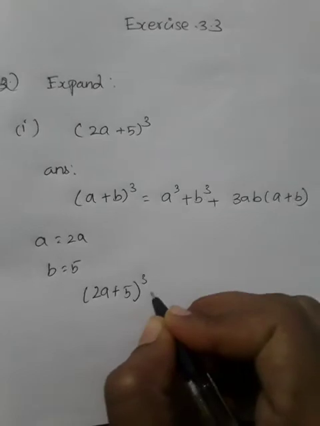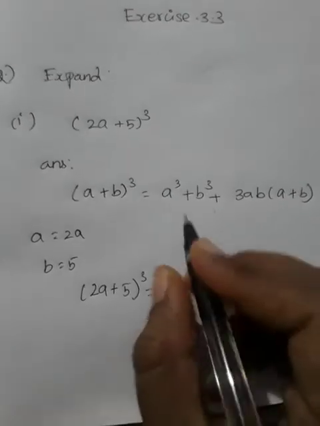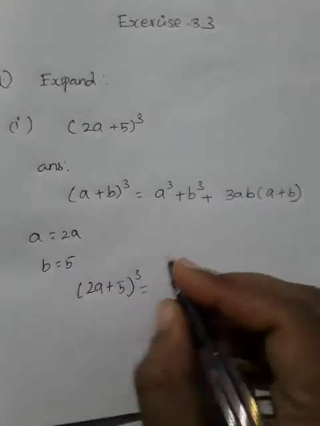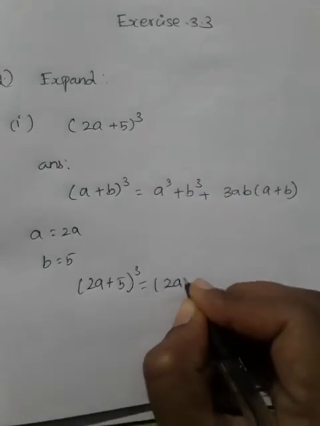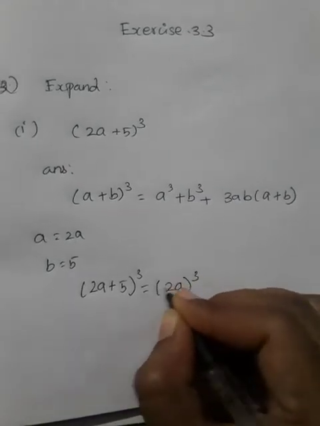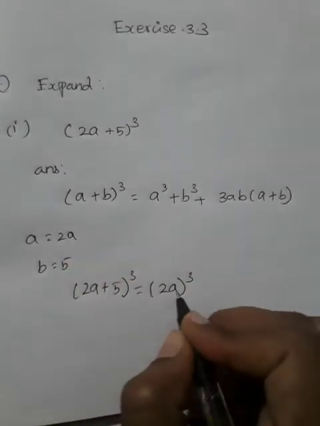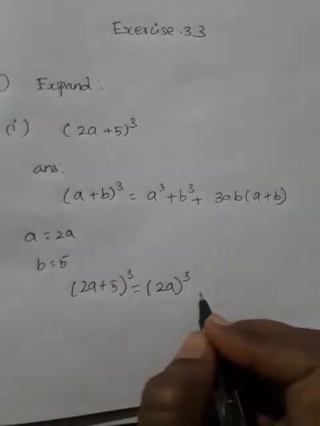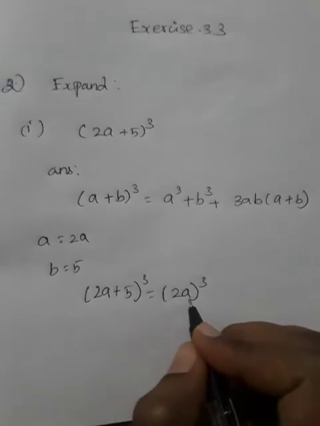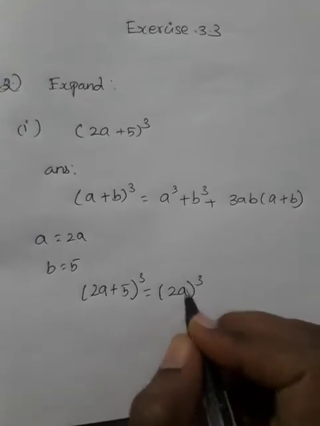In the place of a, 2a plus in the place of b, 5. So 2a plus 5 the whole cube equal to, in the place of a, 2a the whole cube. You must put a bracket because this cube is for 2 as well as a. The bracket is very important. If you have only one term, you don't need to put a bracket.